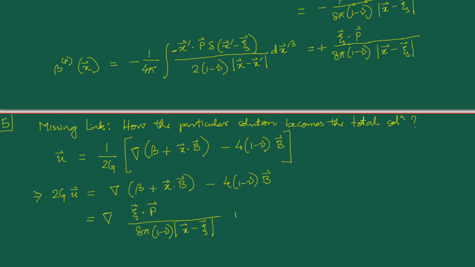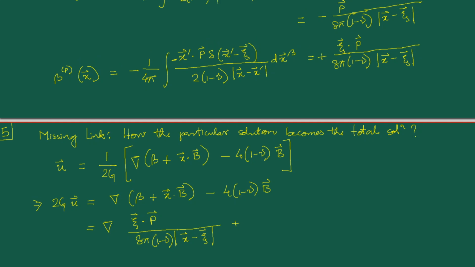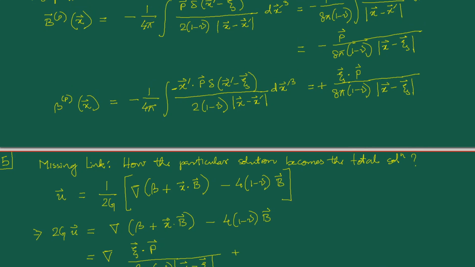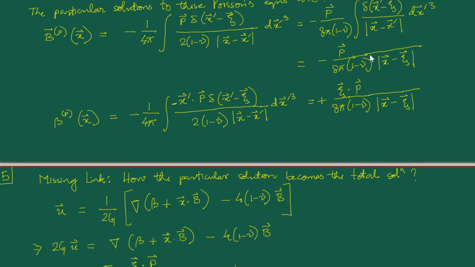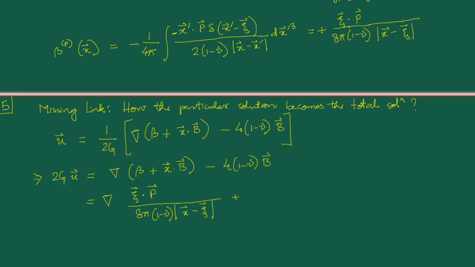And I have next the x dotted with b, so this is my b. So all that I have to do is just, so this plus becomes a minus.